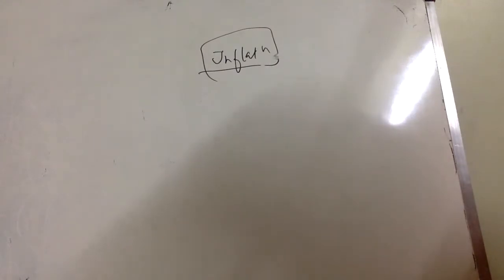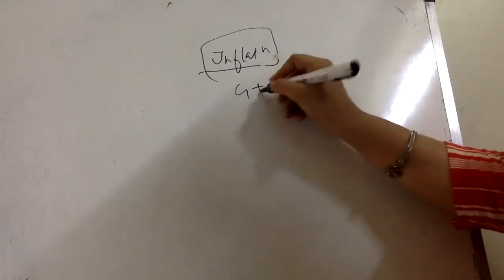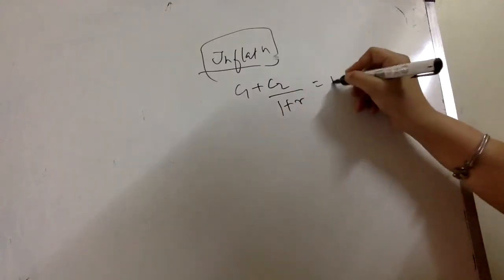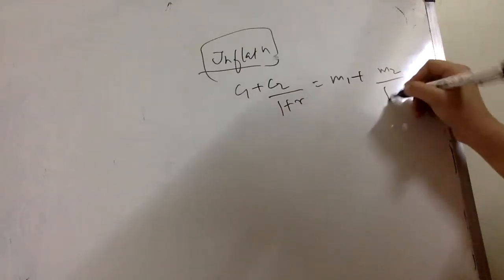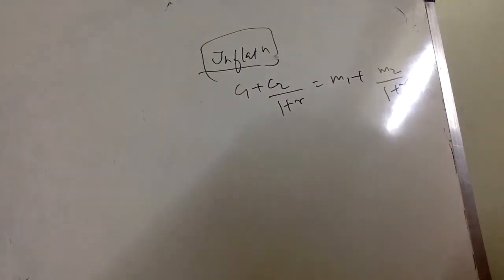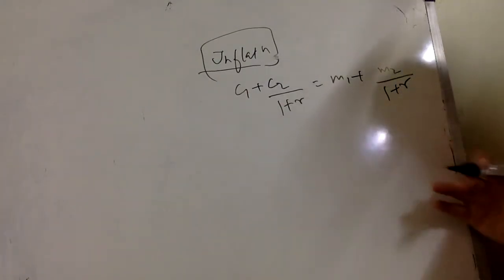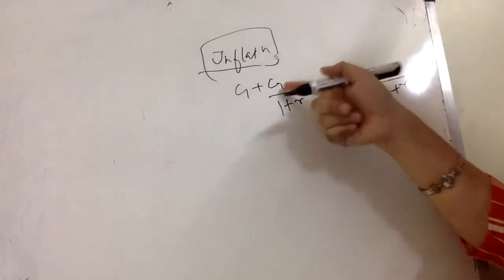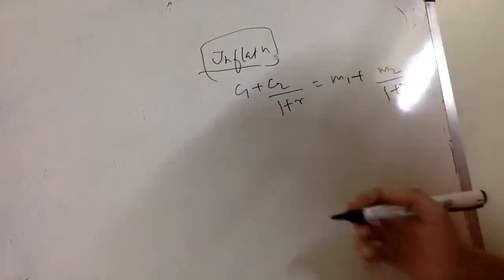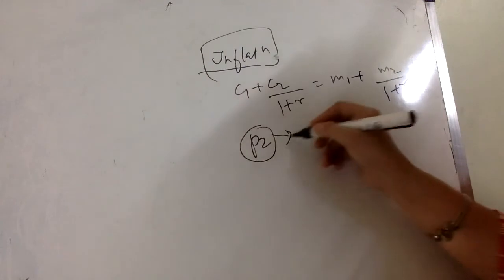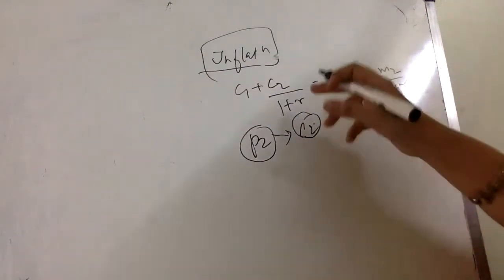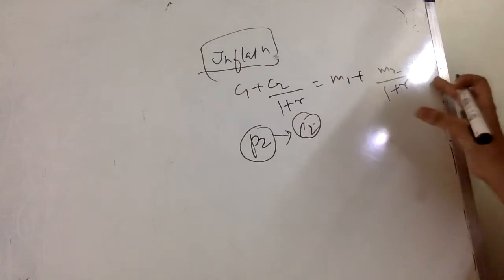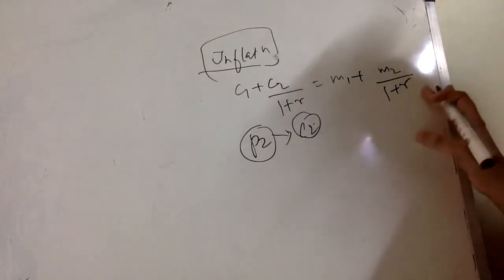In the budget constraint that we have here, I'll rewrite the budget equation that we have written, which was C1 plus C2 upon 1 plus R equals M1 plus M2 upon 1 plus R. Now if I give a price to the consumption in the second period, which means there is some price P2 attached to the consumption in period 2, my value of consumption therefore becomes P2 C2 and value of endowment becomes P2 M2, right?